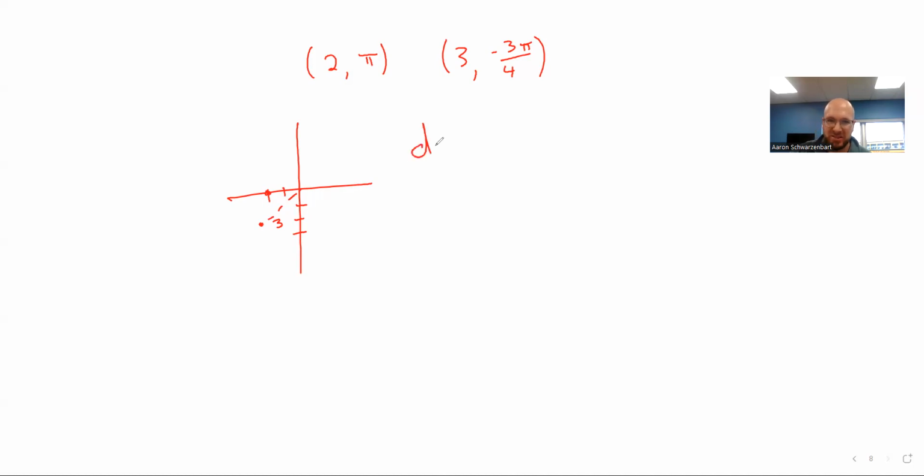Or you can use essentially the law of cosines. Because I have a triangle here, and this angle is beautifully θ1 minus θ2.